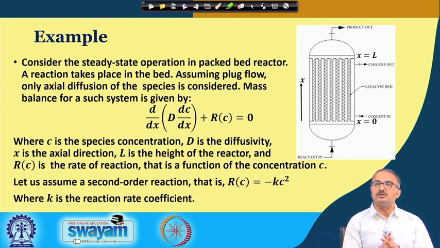So, for the sake of simplicity and for demonstrating how we go for non-dimensionalization, I have just considered the mass balance equation, but you can extend it very easily to the energy balance equation and non-dimensionalize it. Okay? So, for simplicity we are taking this particular k to be constant without loss of any generality.